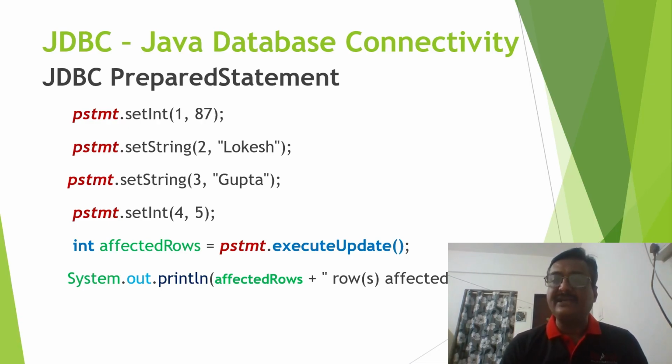Suppose there is an insert query, definitely there will be 1. But suppose there is an update query, and it affects more than 1 row, then how many rows executeUpdate has affected, that number will be in the integer affected rows, so that you get the idea or feedback of how many rows are updated. For an insert query, there is only 1 row.